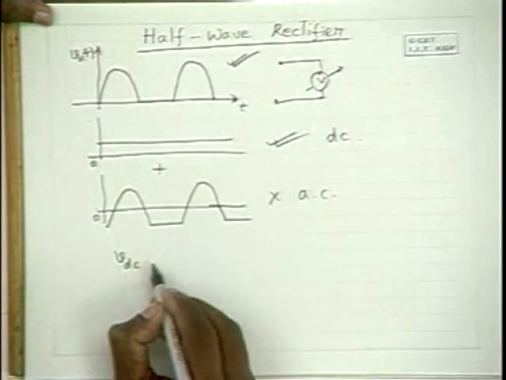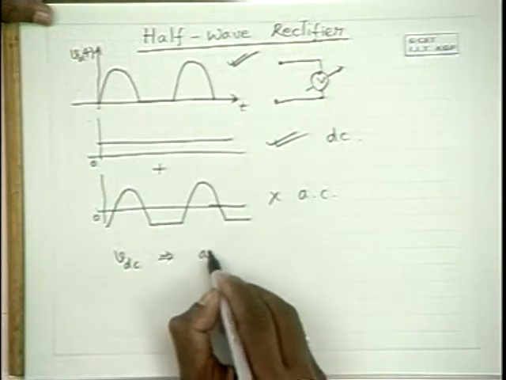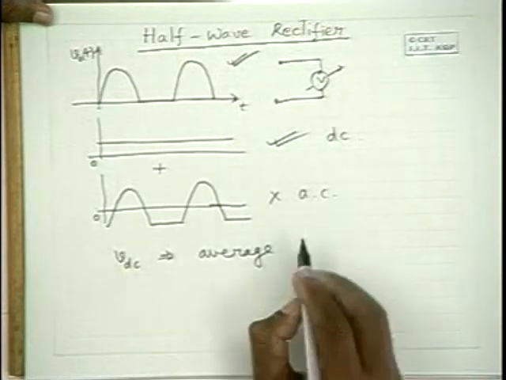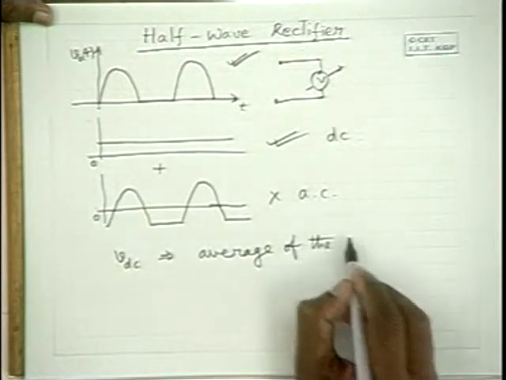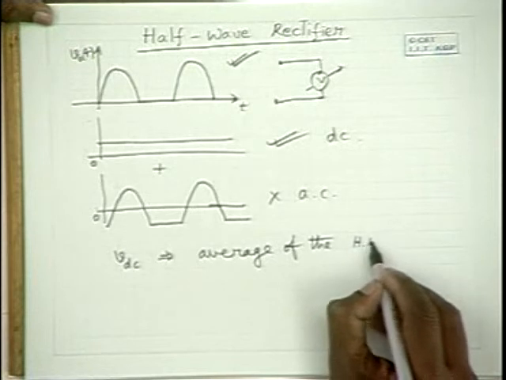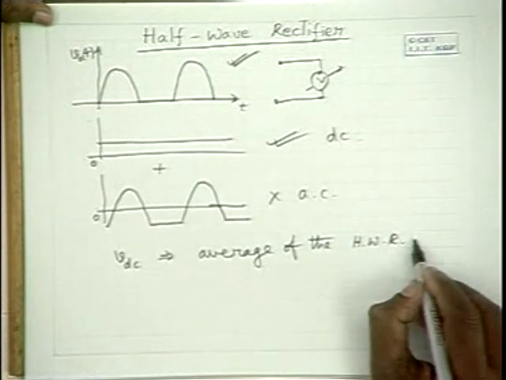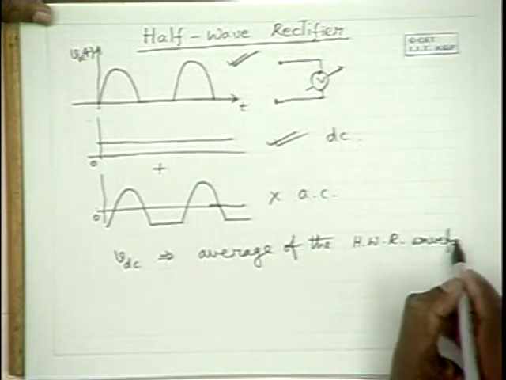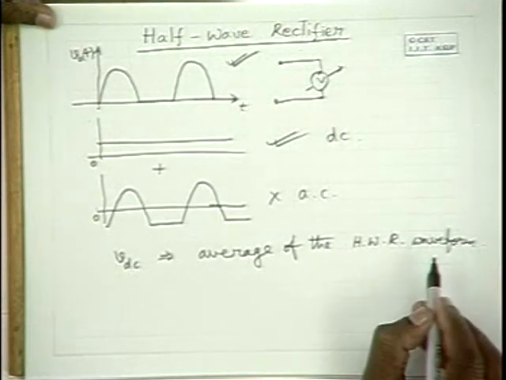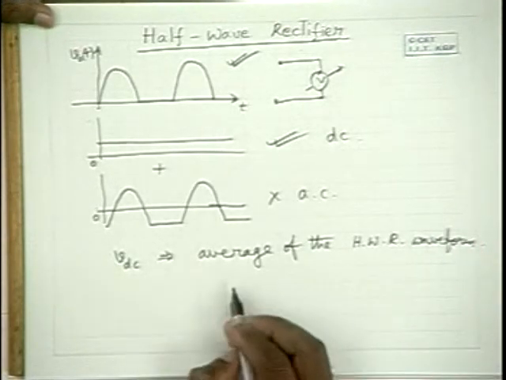As I explained, the DC component is the average of the half-wave rectified waveform. Therefore, how do you get this component?